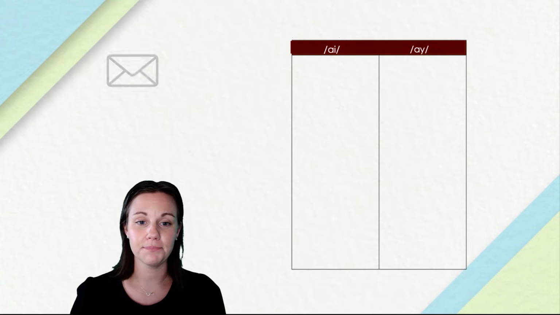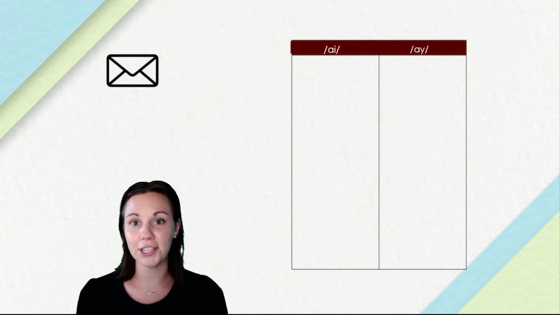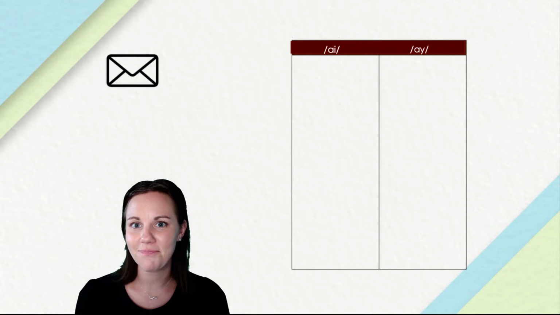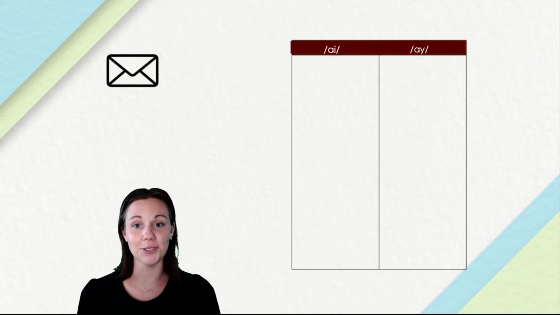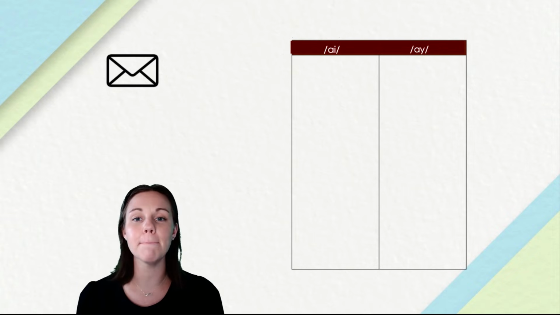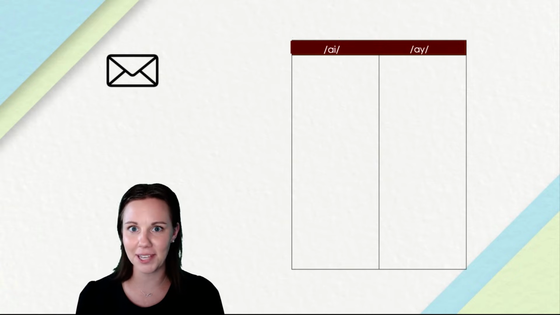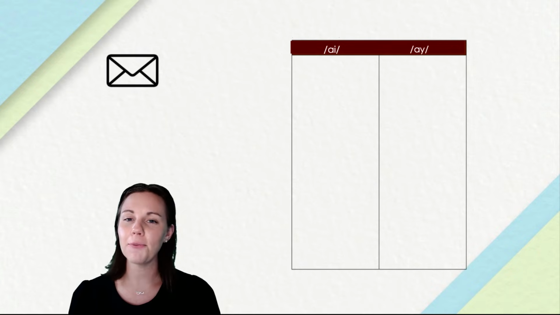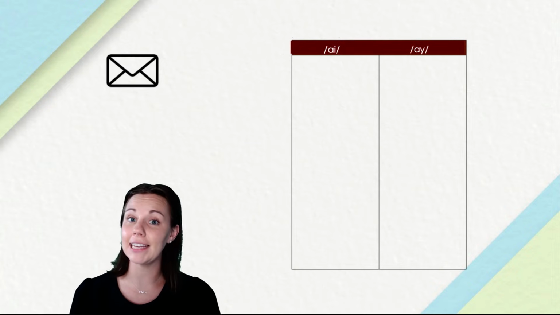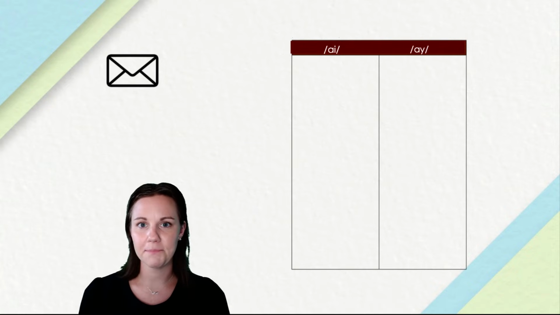Here's the first one. That picture is showing the word male. Say it. Do you hear that long A sound? I sure do. It sounds like the long A is coming in the middle of that word male. Can you hear it? If the long A sound comes in the middle, think about whether we should use AI or AY.